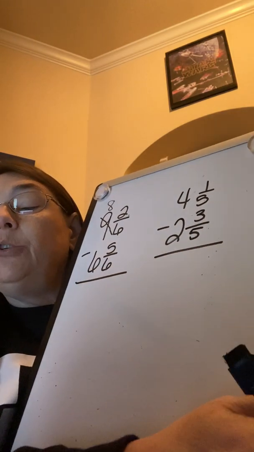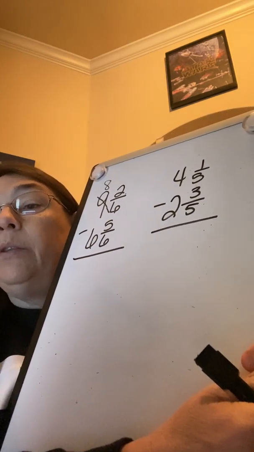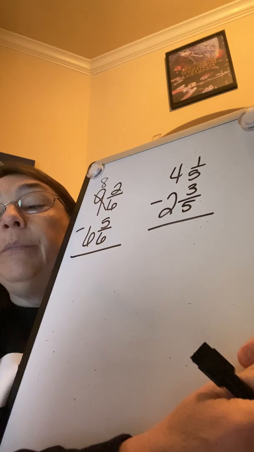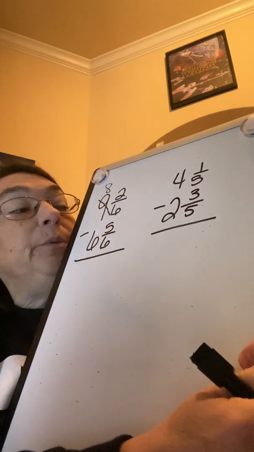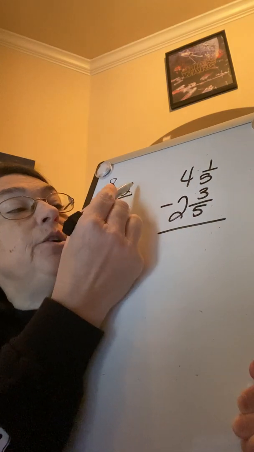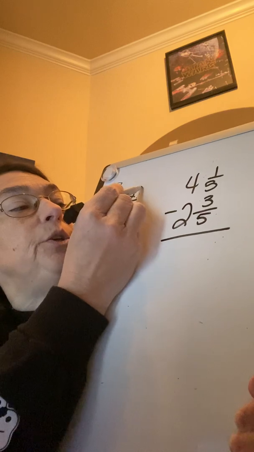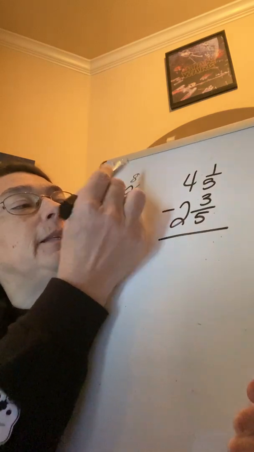Now, those people that joined me yesterday for the extra practice learned something that the rest of y'all didn't learn. If you would have joined me for the extra practice, you would have learned that all you have to do is add the denominator to the numerator to get my new numerator. So 6 plus 2 is 8.